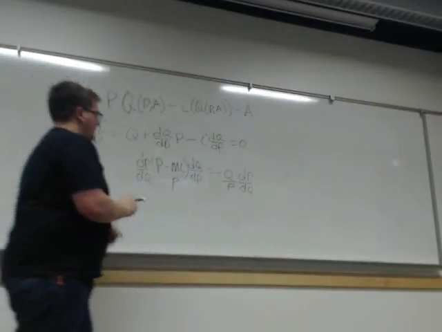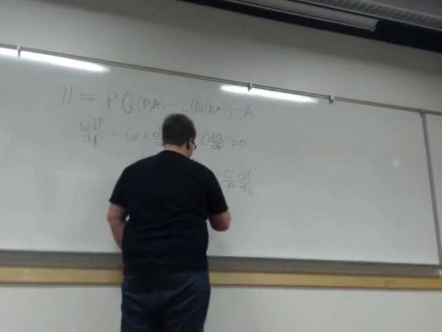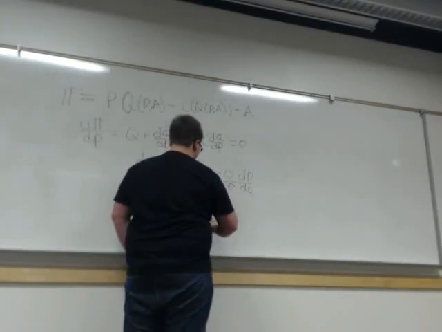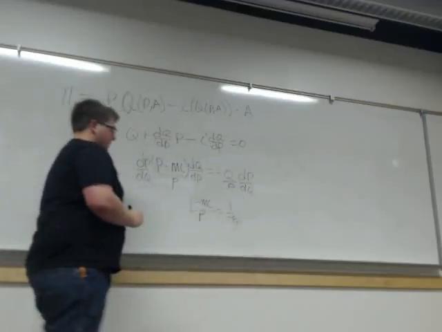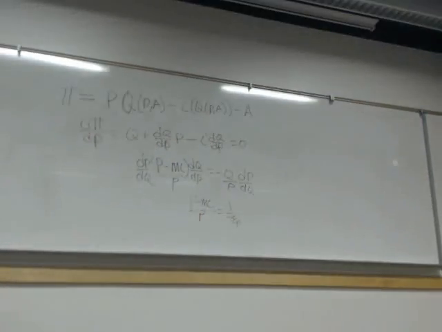So we get p minus mc over p equals 1 over the negative price elasticity. Those are all partial derivatives, right? Except the full derivative of pi with respect to p.